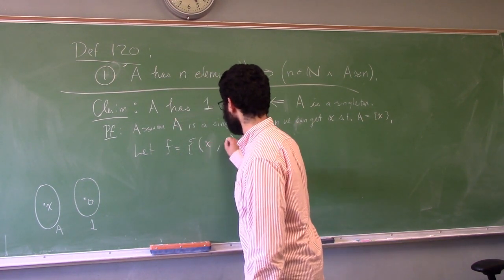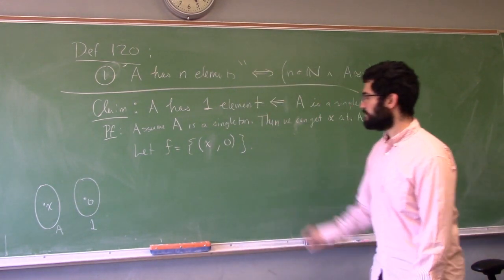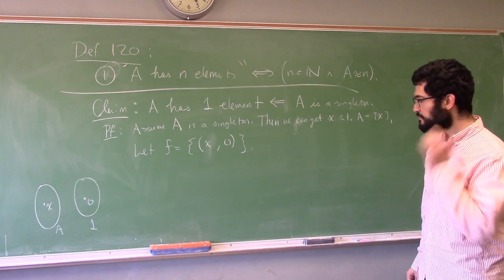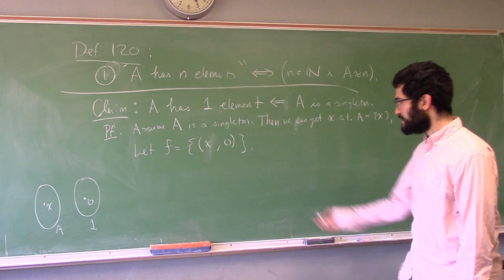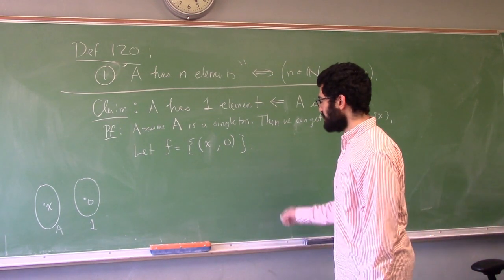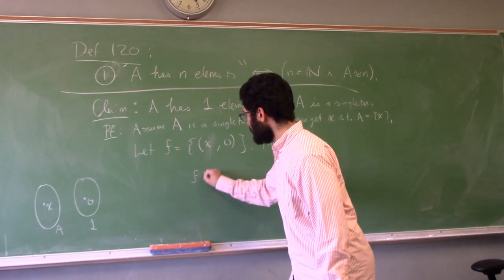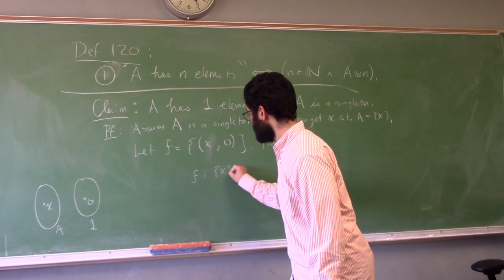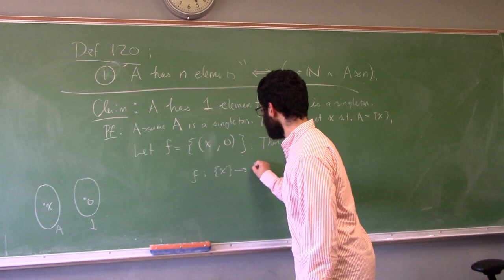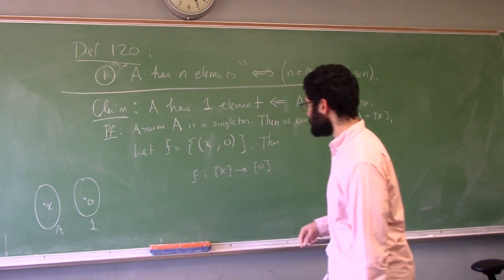So, there. So f is just that. f itself is a singleton set. Then, f maps singleton x to singleton 0.